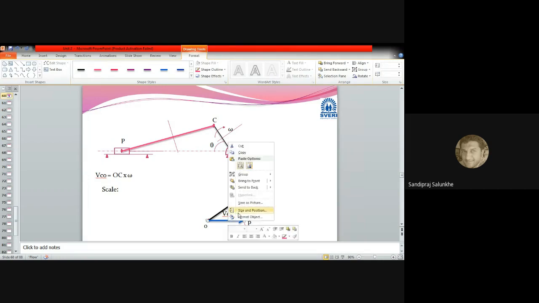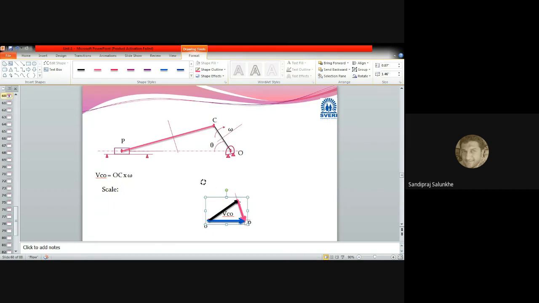Did you get the velocity diagram? Okay, thank you. Welcome. The velocity diagram for the given configuration we have got, right?